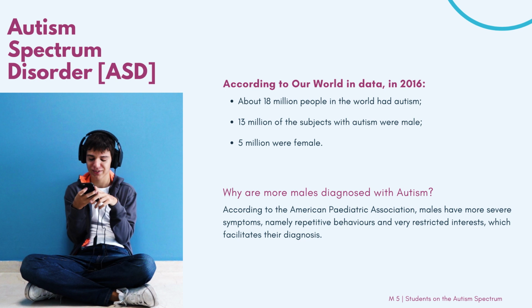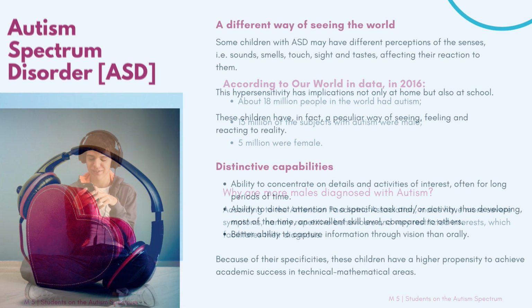According to the American Academy of Pediatrics, males have more severe symptoms, namely repetitive behaviors and very restricted interests, which facilitates their diagnosis. Girls, on the other hand, have a broader and less perceptible set of symptoms, which is why it is often only diagnosed in adulthood.